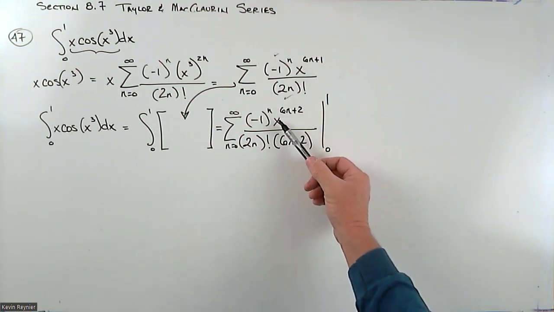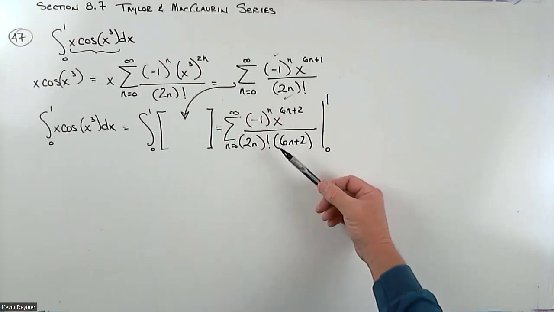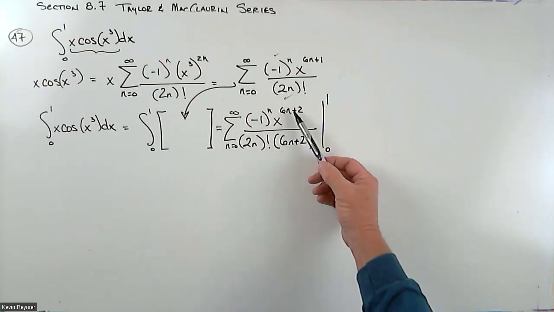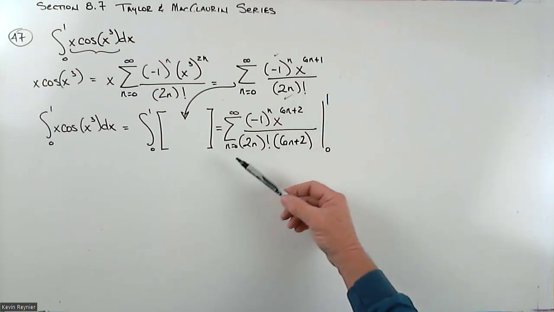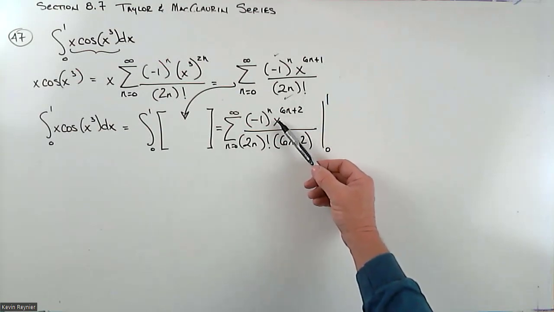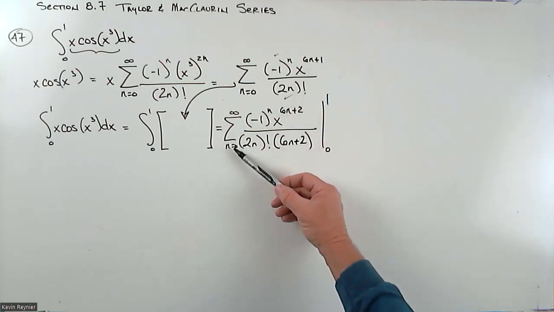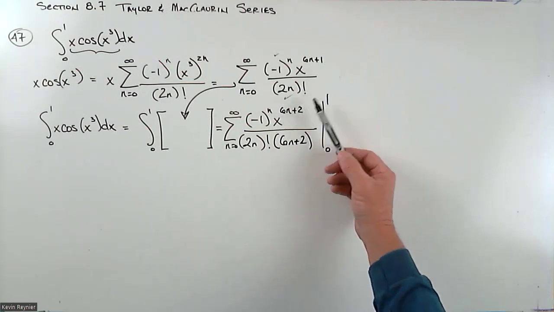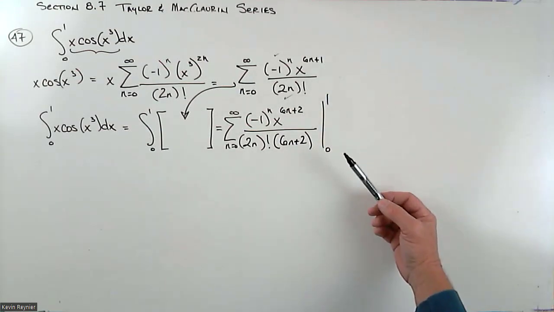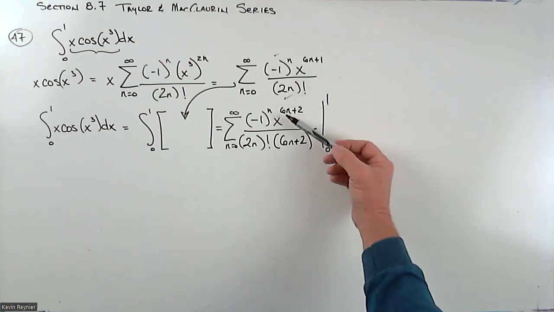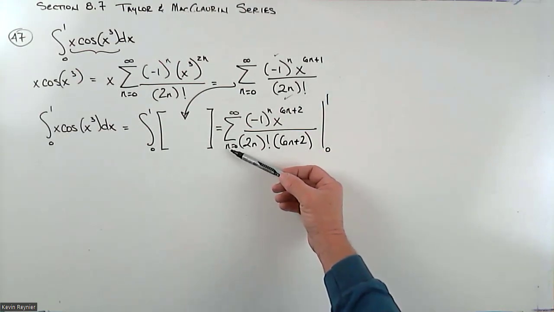When n is 0, it's 0 squared. When n is 1, it's 0 to the 8. When n is 2, it's 0 to the 14. They're all 0. When x is 1, this is 1, for every power of n, it's 1.